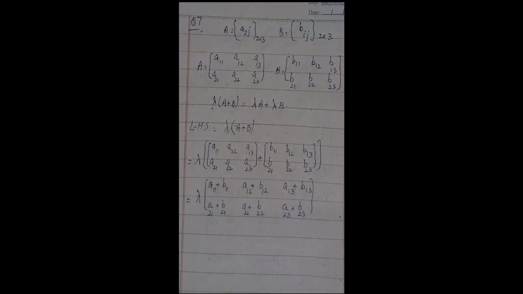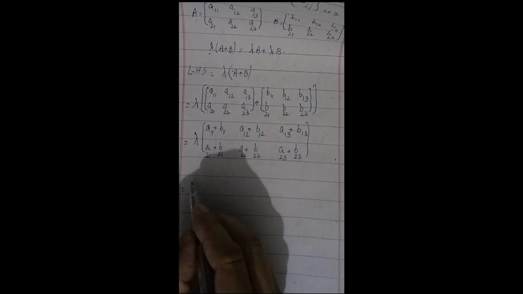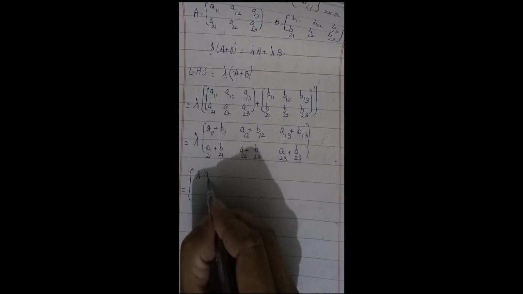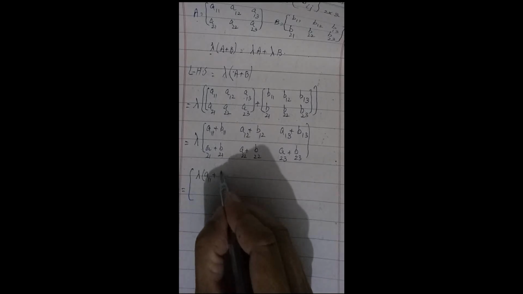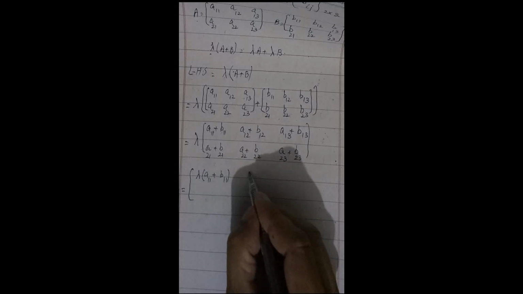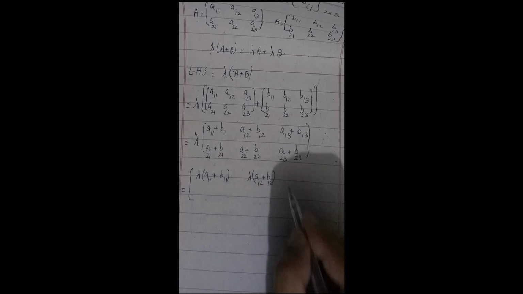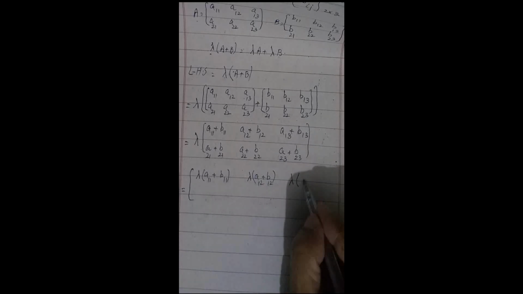Now we multiply as a scalar lambda with the matrix A plus B. We get lambda A11 plus B11, lambda A12 plus B12, lambda A13 plus B13.